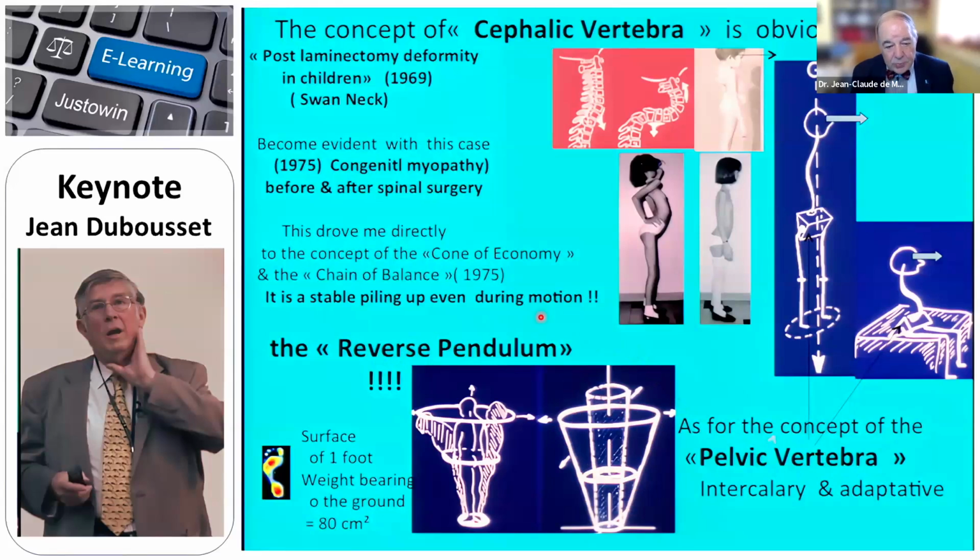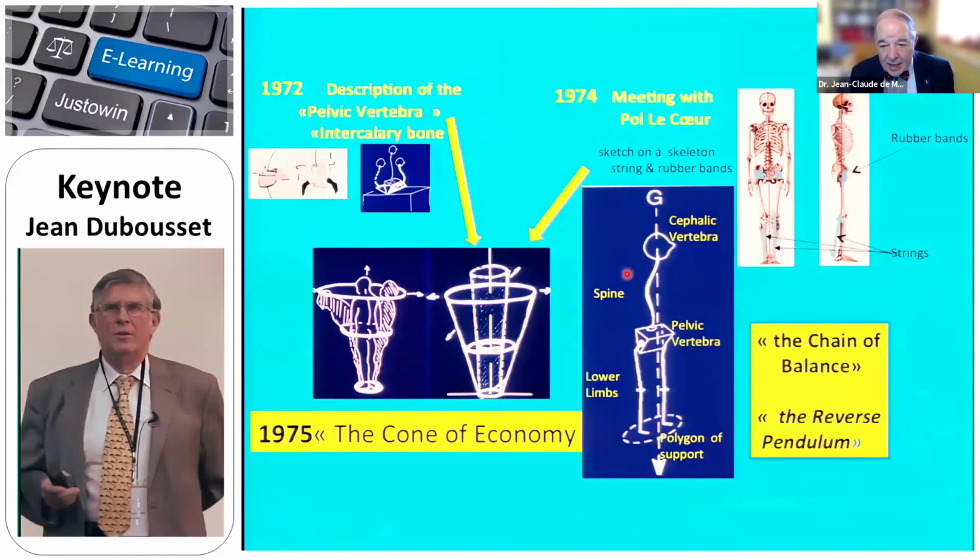And Jean Dubousset didn't develop this chaotic situation too much, and we discussed a lot with him. But I did the work for chaotic scoliosis under 20 degrees. Jean Dubousset was very close to me, and he said yes, this aspect is very important. You have a cone of economy, the chain of balance with a reverse pendulum.